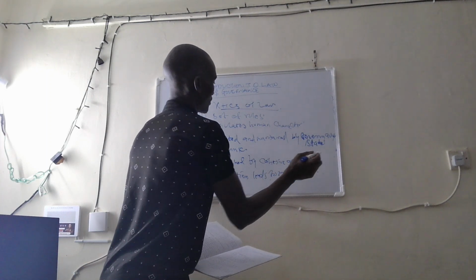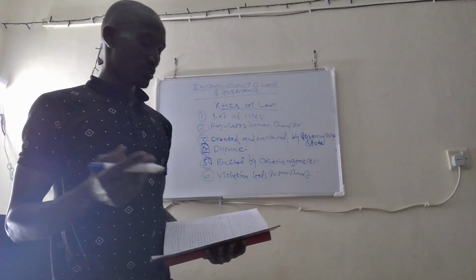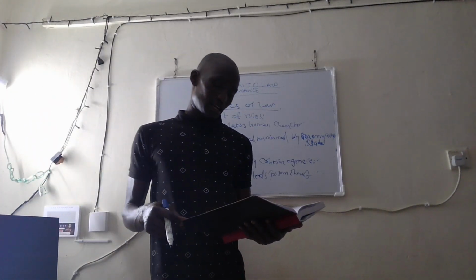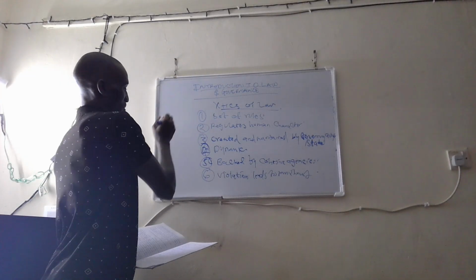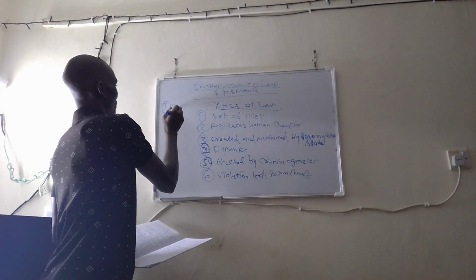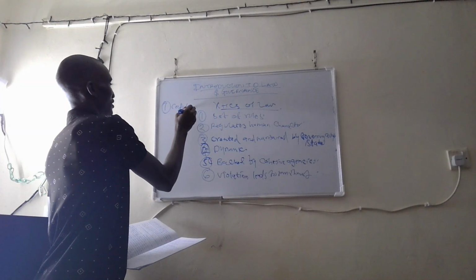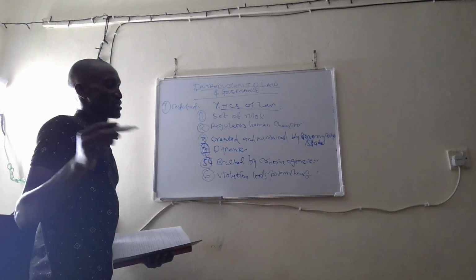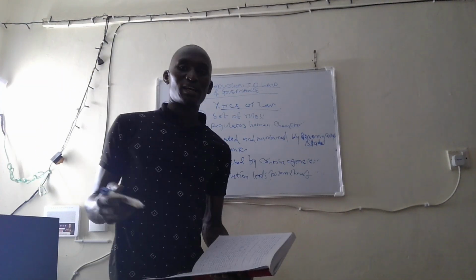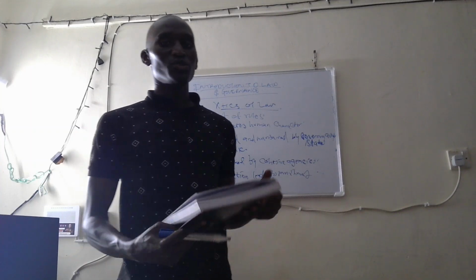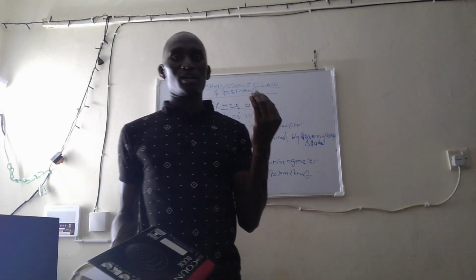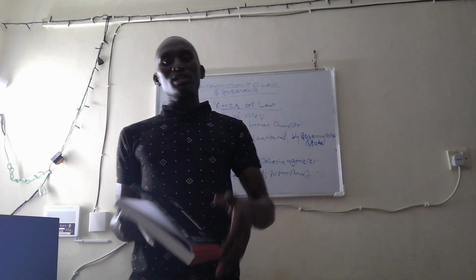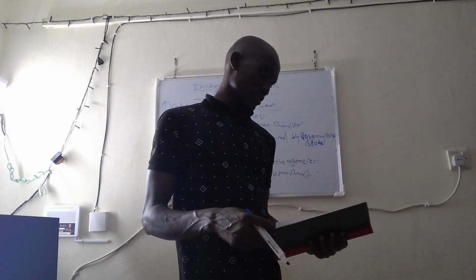If you violate law, there are remedies, the punishment that is codified. Number seven, codified. Codified means it's in written form. For example, Kenya's constitution is codified. We have a book that carries all Kenya's law of the land.